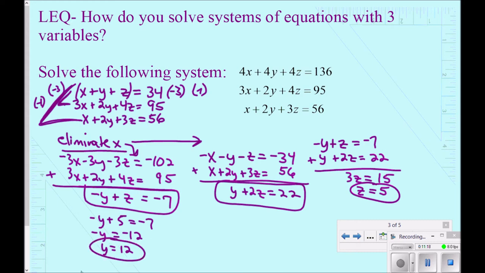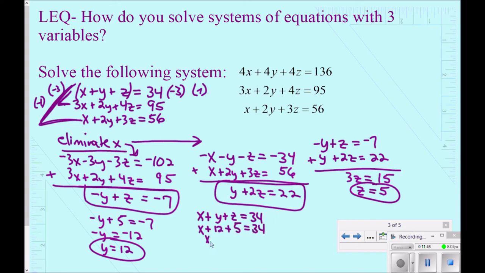So now I have y and z, and I need x. So now I am going to go back to, my choices are either one of the 3 originals, or I could use the simplified first equation, which is what I'm going to do because the numbers are smaller. So we had 1x plus 1y plus 1z is equal to 34. I'm substituting in, I don't know x, but I do know y is 12, and I do know z is 5, and that equals 34.